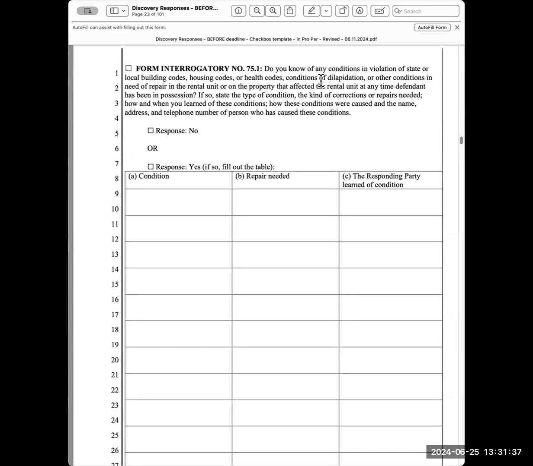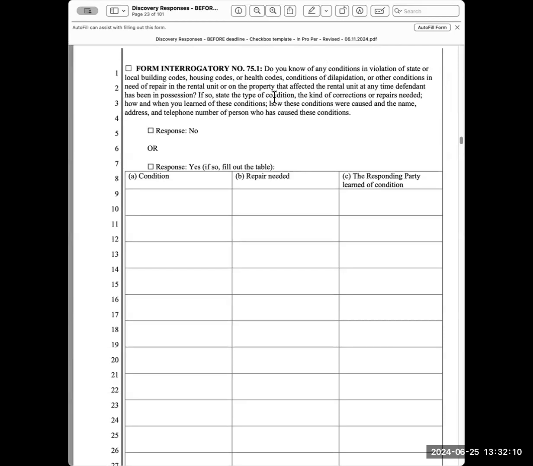But you might know conditions of dilapidation, wear and tear, other conditions in need of repair in the rental unit or property, meaning common areas, or it could be the exterior, it could be the gate to get into the property, the garage, the mailbox area, the laundry room, the hallways, stairways, any part of the property or rental unit that has been in need of repair at any time while you were in possession.